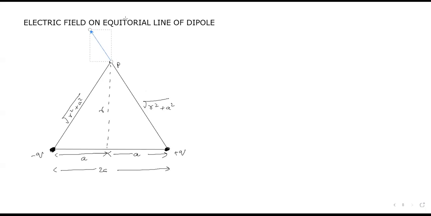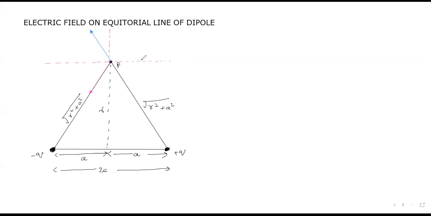And due to the minus Q, it will be towards the charge. Do you understand it? Yes. If you draw a coordinate frame with reference to point P, then you get it like this.